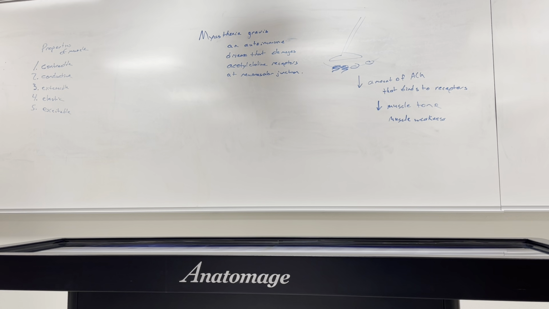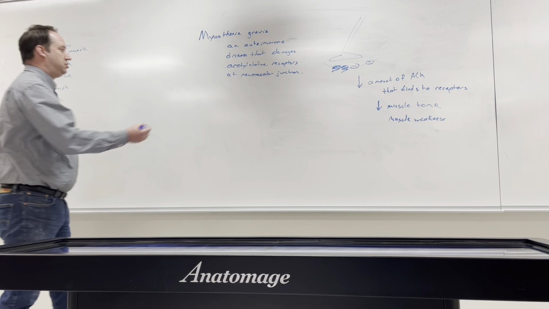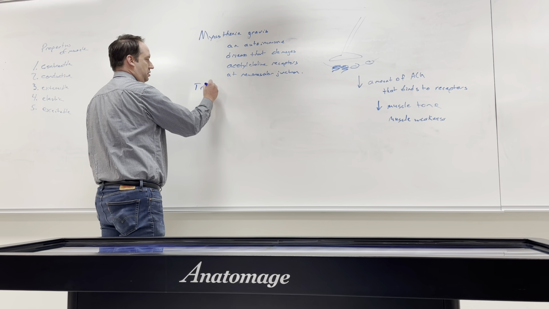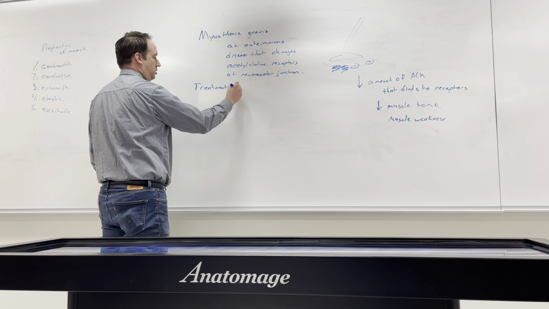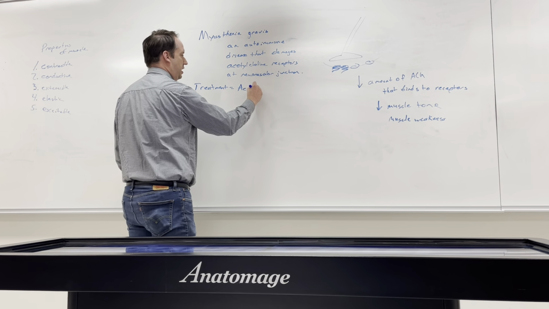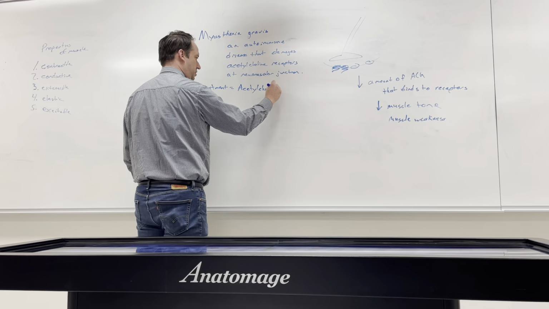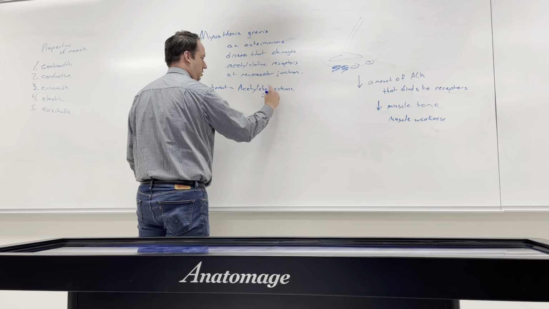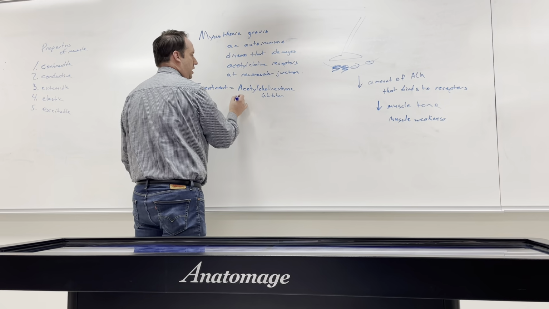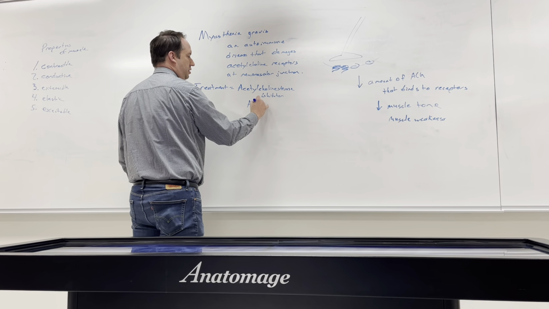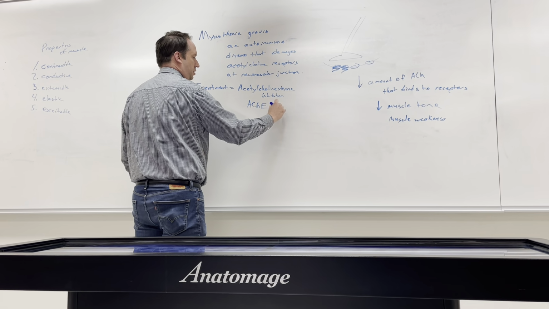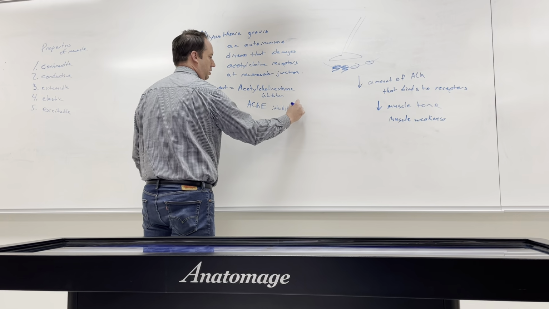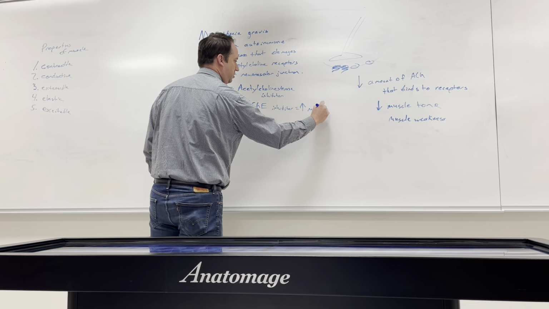And if we want to increase the muscle tone, we put more acetylcholine out there. So treatment for this is an acetylcholinesterase inhibitor. An acetylcholinesterase inhibitor increases muscle tone.